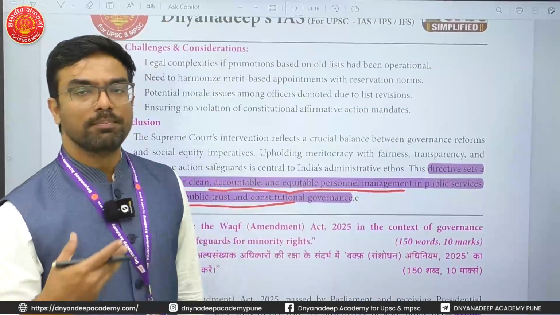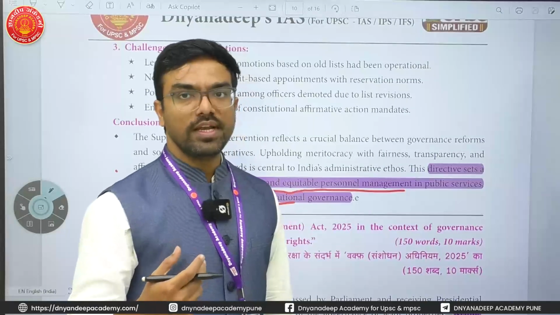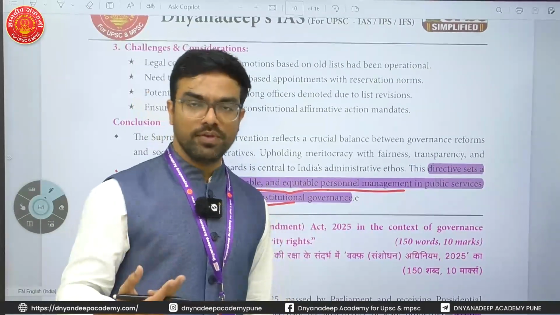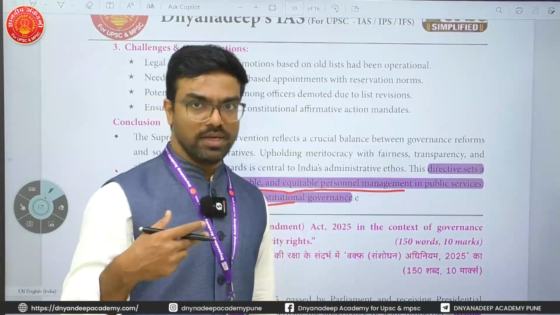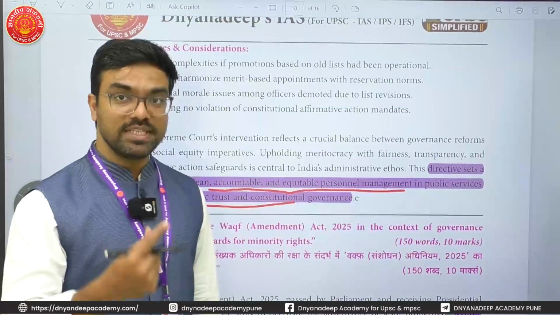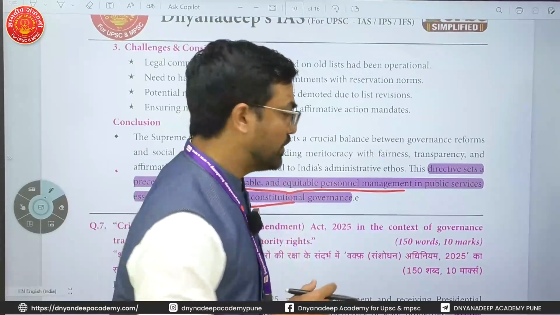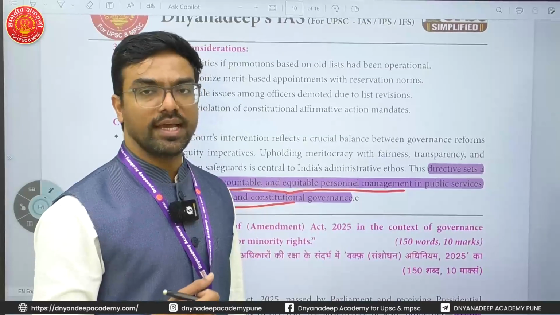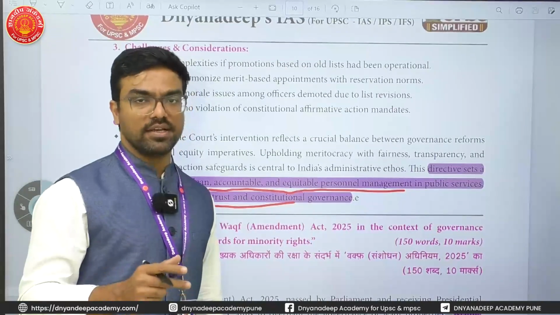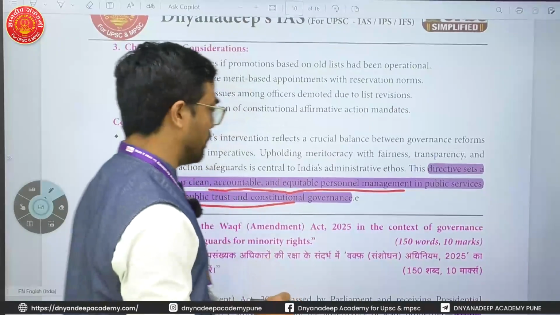If the police, the personnel serving in offices, don't think the promotions are transparent, this creates mistrust. Also, this mistrust carries on to the public, right? So that's why this type of Supreme Court directive ensures that this mistrust is addressed, and it helps in building trust among citizens and government.